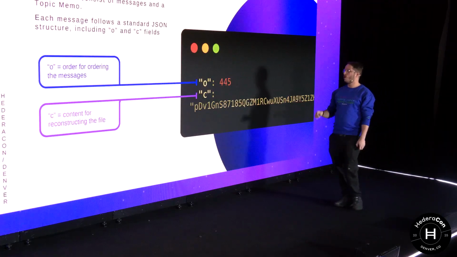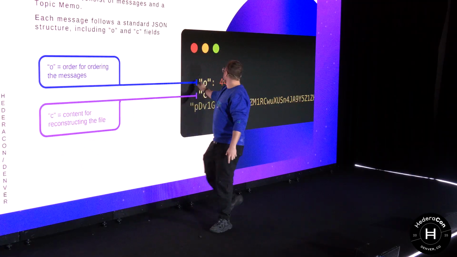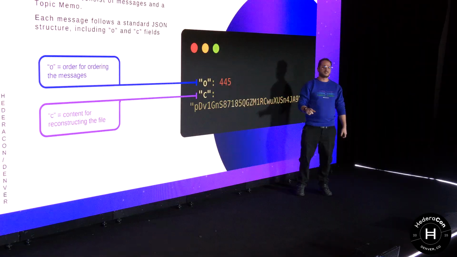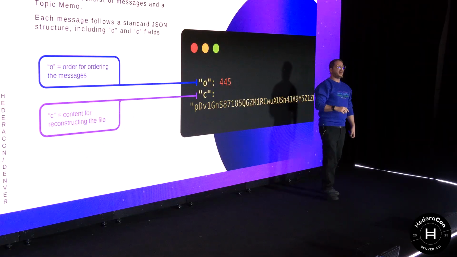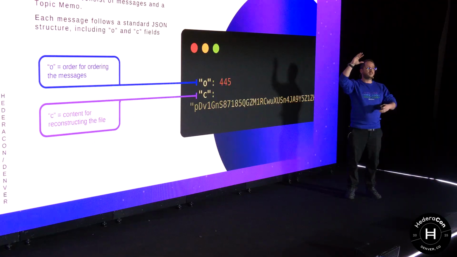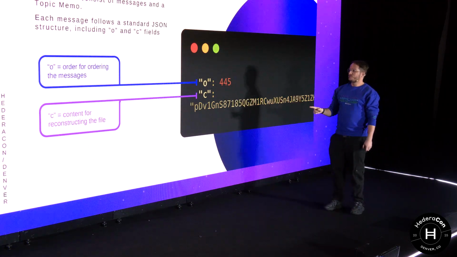The two fields are this O field here, which you can see on this line coming here, and it's got a number around it. That O field is really important, and we're going to come back to it, but it's essentially the order of how the parallel chunks are combined. Then you've got the C field, which is your content.